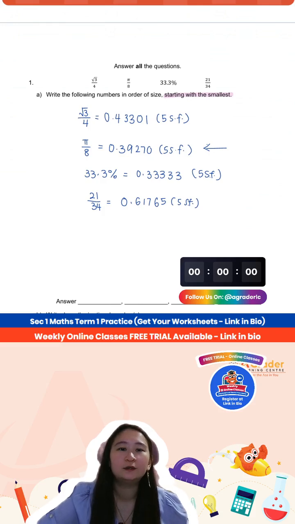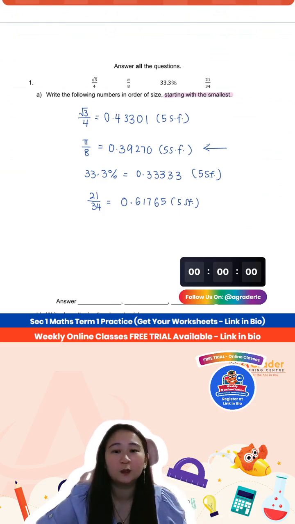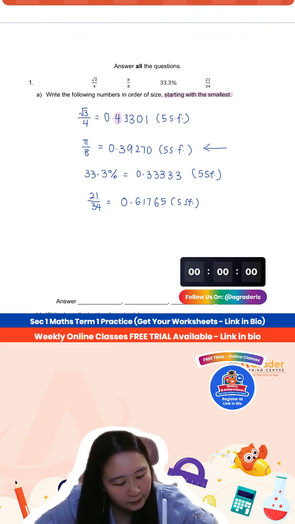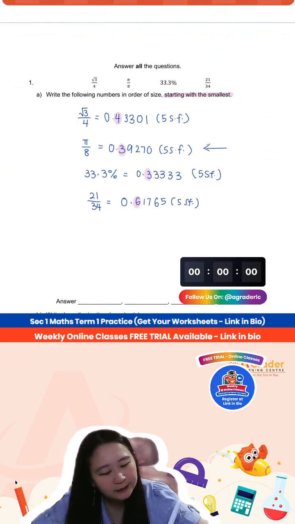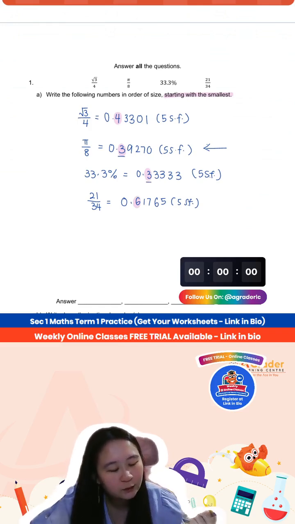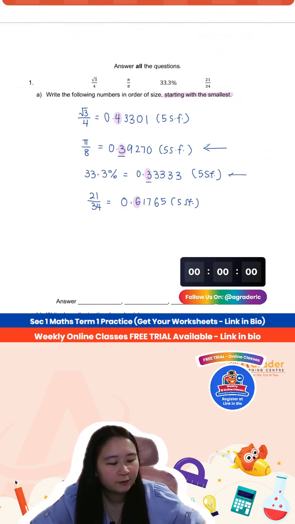Okay, now with all these values here, you can rearrange them starting with the smallest, so smallest to greatest. Okay, so firstly we look at the first decimal place. So for the smallest, you can see that 3 is the smallest, so these two are the same for the first decimal place.